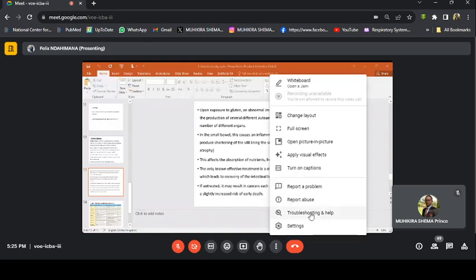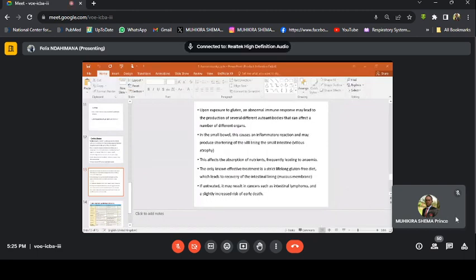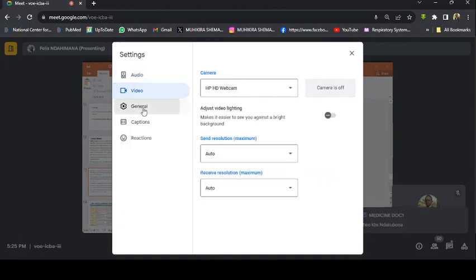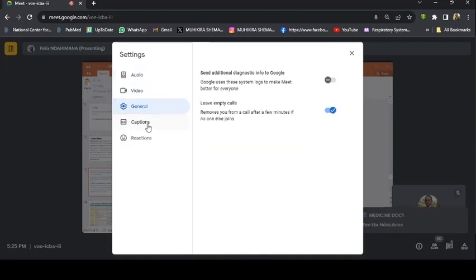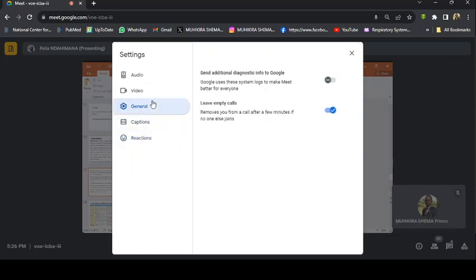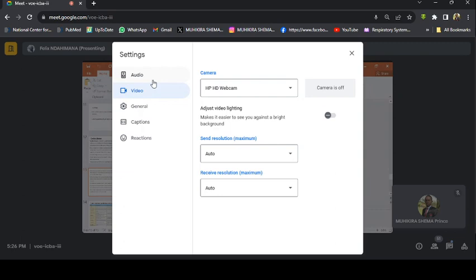Do you remember the slide number where we were? Do you remember where we have stopped?